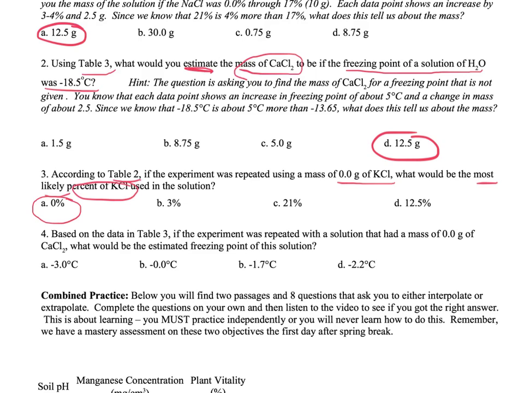And then finally, with number 4, based on the data in table 3, if the experiment was repeated with a solution that had a mass of 0.0 grams of CaCl2, what would be the estimated freezing point of the solution?